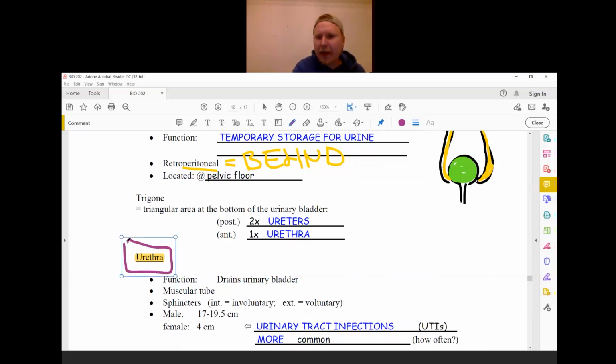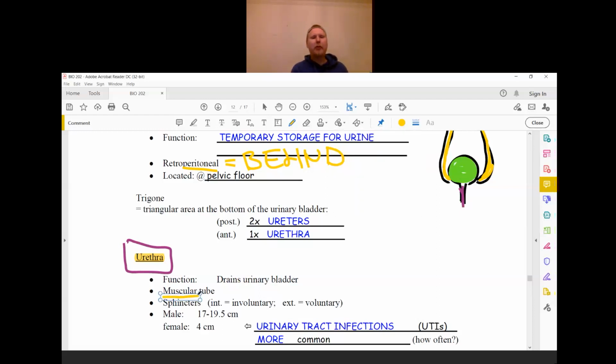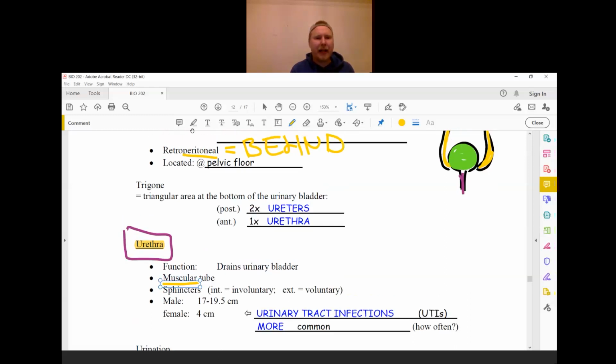So the urethra is a muscular tube that drains the urinary bladder and opens it to the external world. What's important to notice there is that we've got various different kinds of sphincters. Some of them, especially the more internal ones, are involuntary, whereas the external ones are under voluntary control.